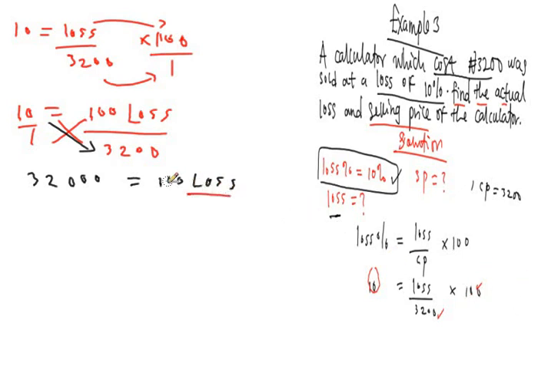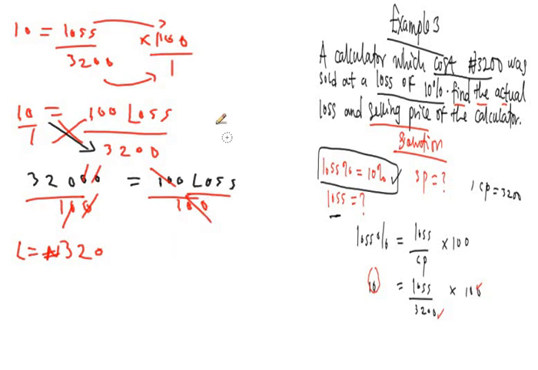So I'll divide by 100. I'll divide by 100, right? So 100 cancels 100, 0 cancels 0, 0 cancels 0. So I'm left with 320, right? So 320 divided by 1 is 320. So that's my loss. So my loss is 320 naira, isn't it?